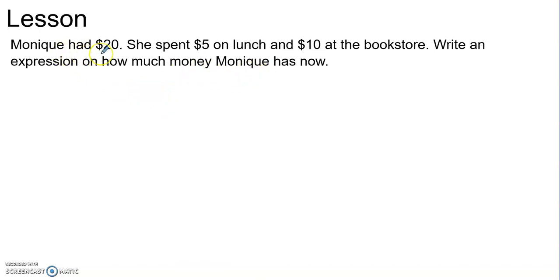So I look at it and I go, so this is how much she had. She spent $5 and $10. And then we need to write an expression to show how much money she has now. So again, I'm not solving, I am writing the expression. So I say, well, how much money does she have to start?